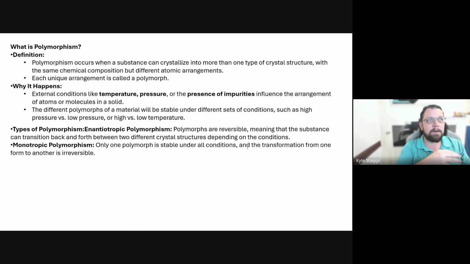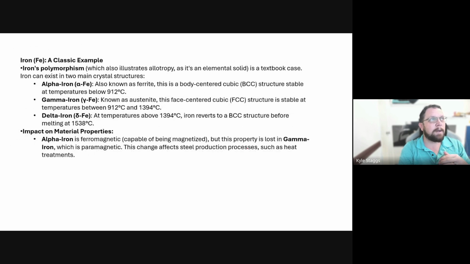But they're something that are able to transition back and forth between two different crystalline structures depending on the condition. And monotropic is one polymorph stable under all conditions, all times, and the transformation from one to another is irreversible. So those are important distinctions, but we're not going to focus too much more on those.